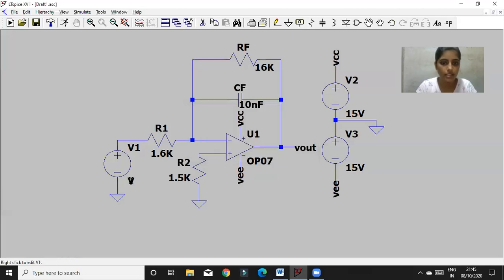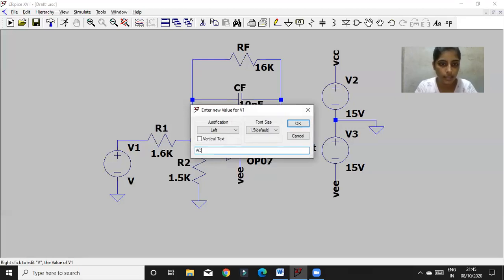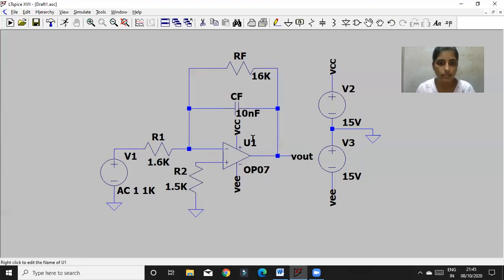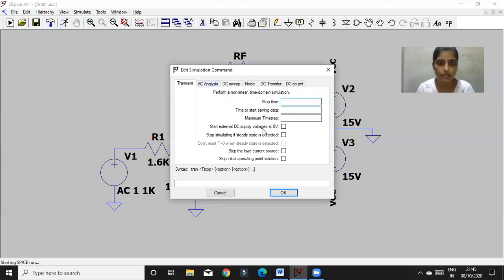I give the input as AC 1, and the frequency 1K. Let's say the input is 1K. To see the frequency response first, I am giving an AC analysis.